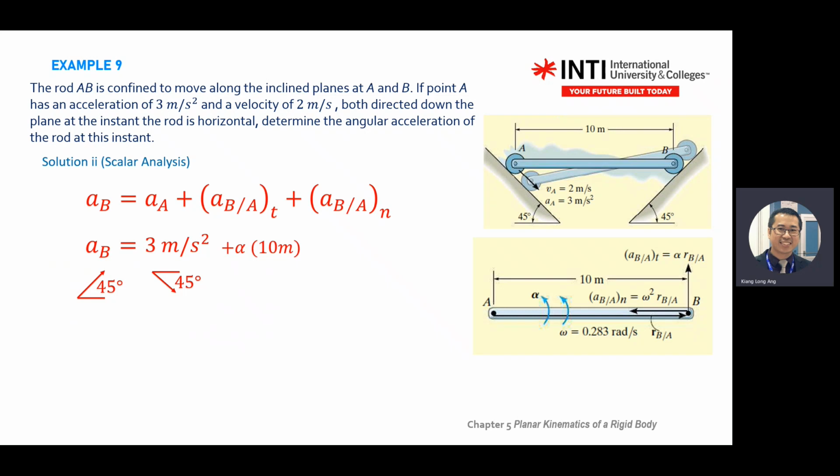Alpha r, tangent direction, alpha r. So you take alpha r, r is 10. Okay, how to find normal? Omega squared r. And this one, tangent goes up, so normal goes inside. Yeah.